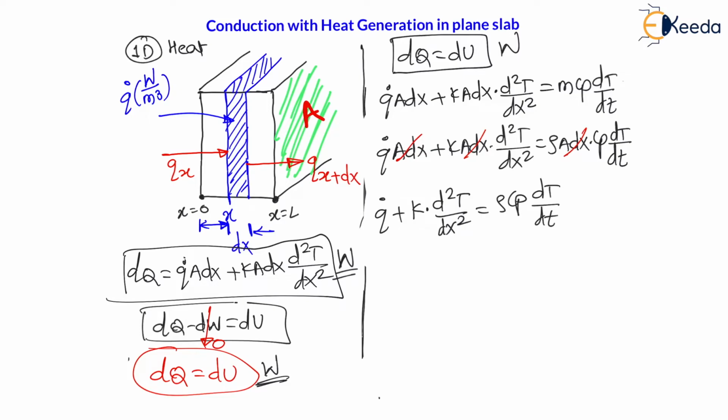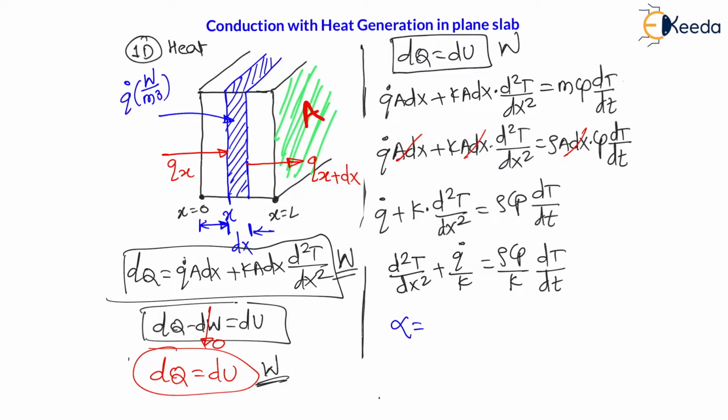Now let us divide this equation by thermal conductivity k. Then the equation will become d2T divided by dx square plus q dot by k is equal to rho cp divided by k into dT/dt. Now my dear students, here we have one term called thermal diffusivity, alpha. The significance of this thermal diffusivity we will see at the end of the derivation in this lecture.